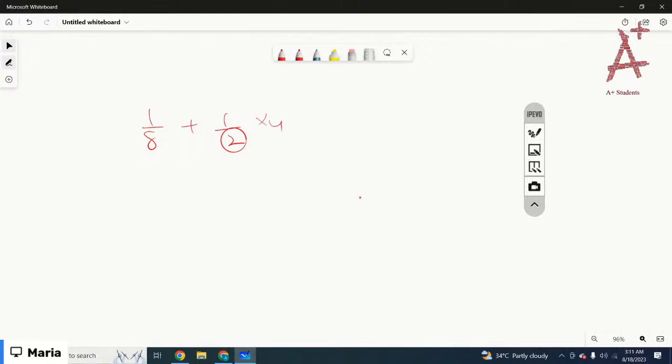So you have to multiply this fraction by 4. 1 times 4 over 2 times 4. So here you have 1 over 8. 4 times 1 is 4 and 4 times 2 is 8, right? So you have to add their numerators. So 4 plus 1 equals 5 over 8. So the correct option is 5 over 8.